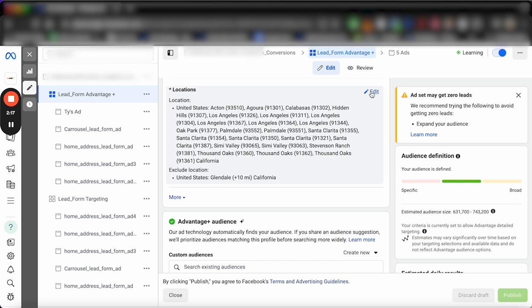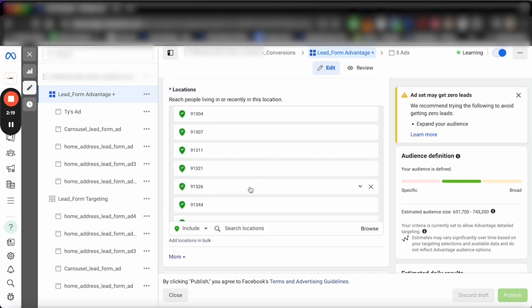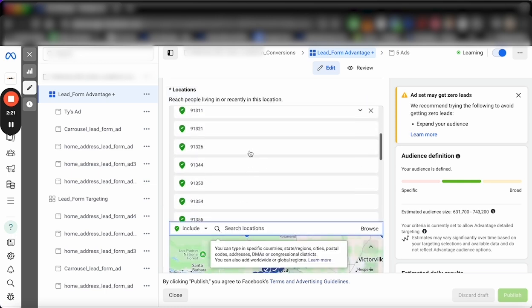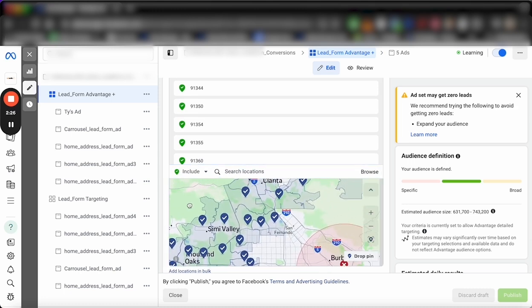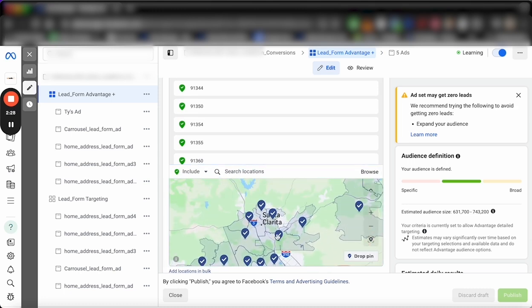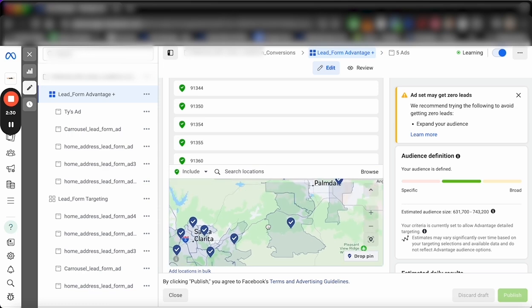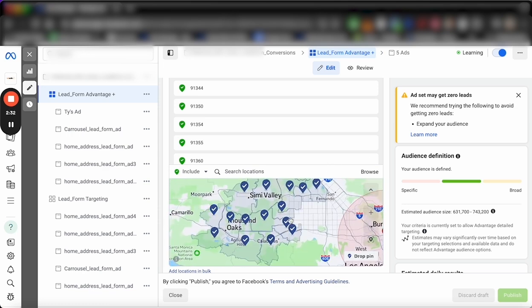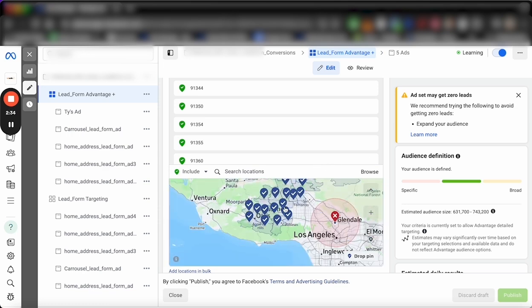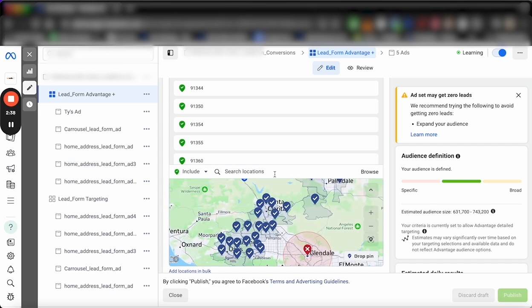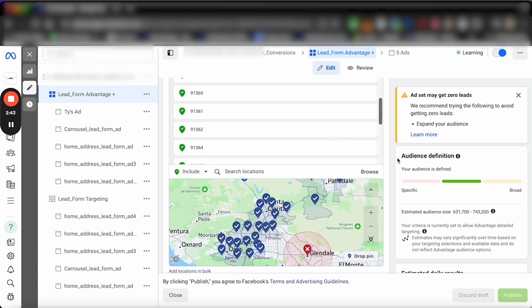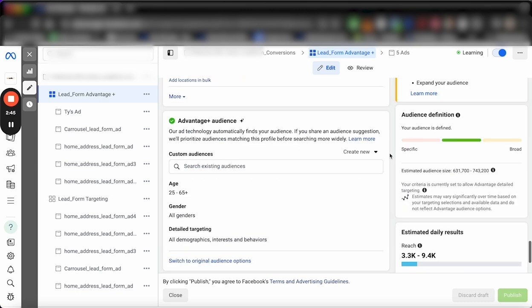I'll just show you in here: rather than doing these postcodes where you have gaps around here and here and here, you could just drop pins all through this valley of locations, and you'll probably pick up an extra few hundred thousand people that you can advertise to, and that will reduce your cost per lead, which is what you want.